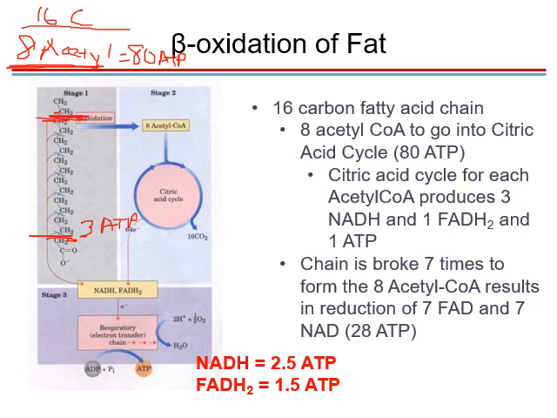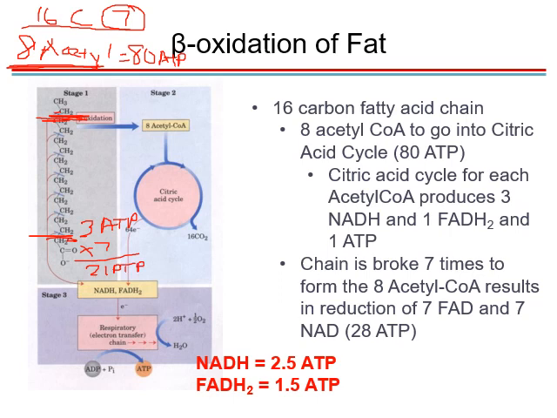The key is at the last carbon, there's nothing left to oxidize. So we actually do 1 less cleavage than we make of acetyl-CoA. So we only do 7. So 3 times 7 equals 21. Okay, so you guys have this in your slide.